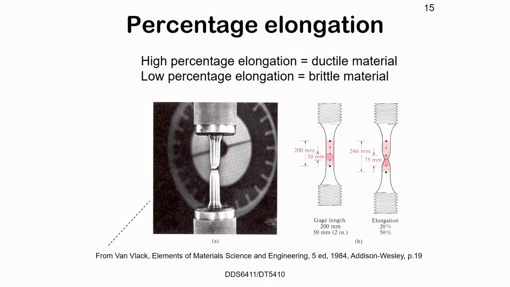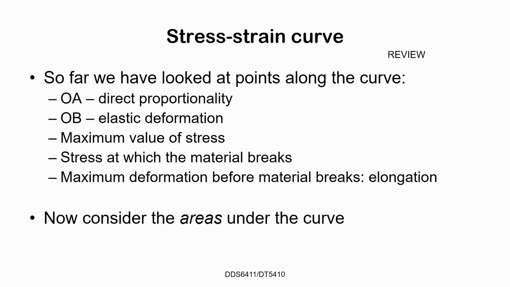And depending on the gauge length that you define, you're going to get different elongation. So when you report elongation, make sure you report the gauge length that you used for measuring that as well. I'll cover the next two slides, and then we'll take a break.